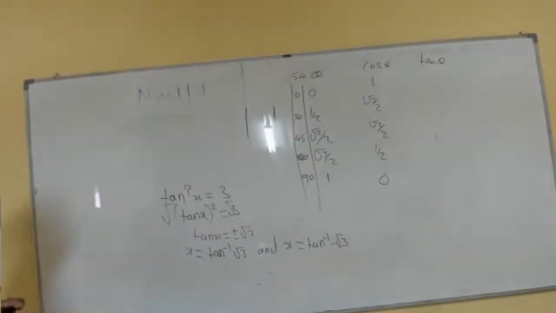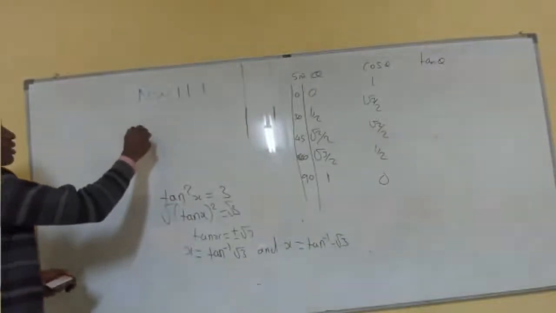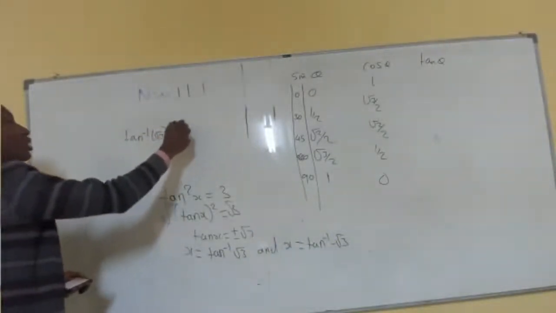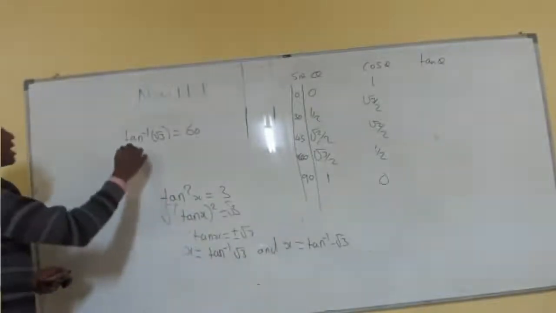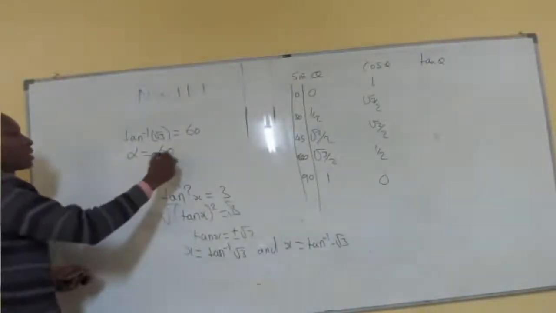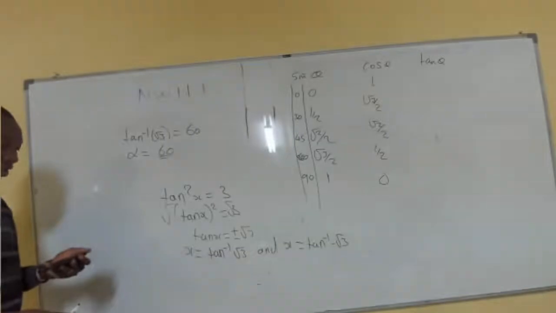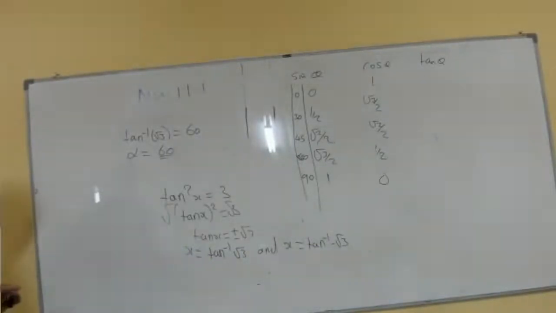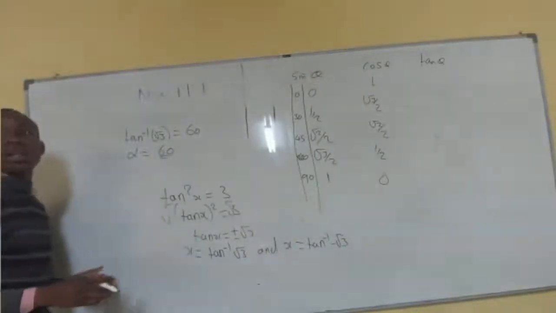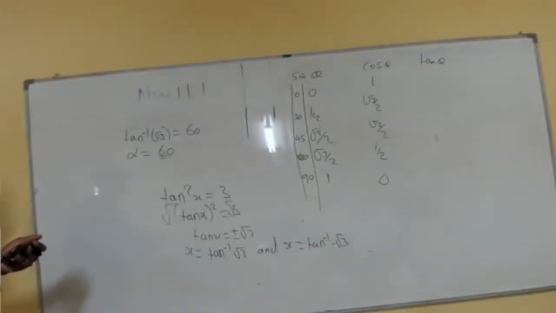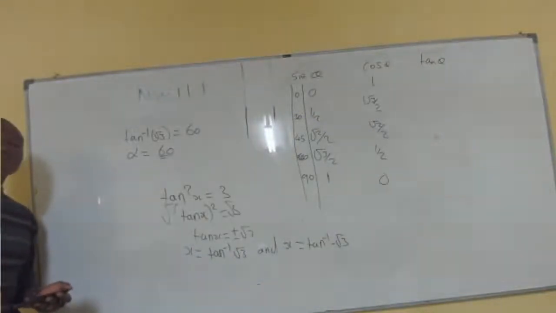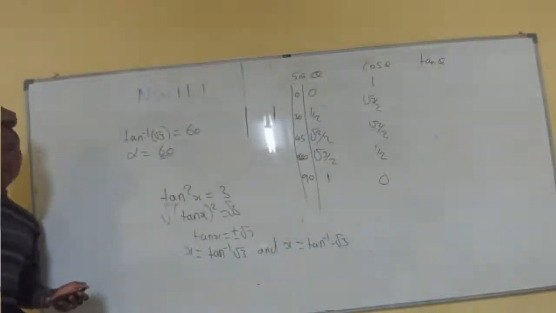So tan inverse of root 3 is equal to 60 degrees, and that is our alpha. Now, root 3 is positive, so in which quadrants is tan positive? Tan is positive in the first quadrant, and also in the third quadrant.